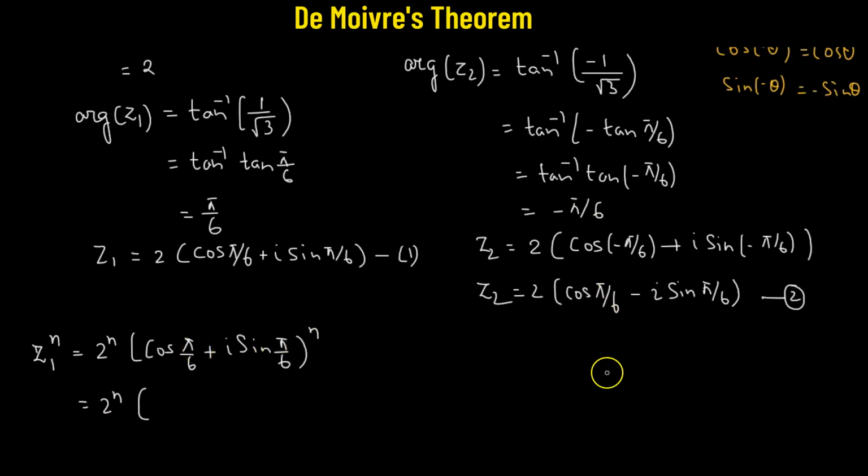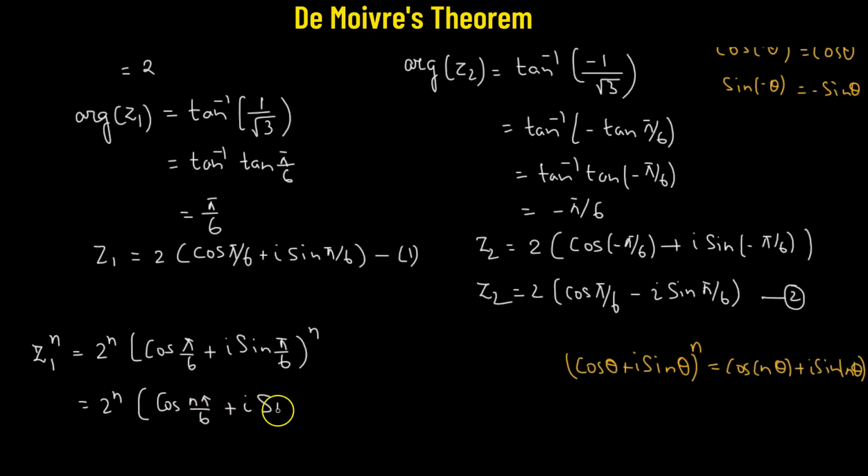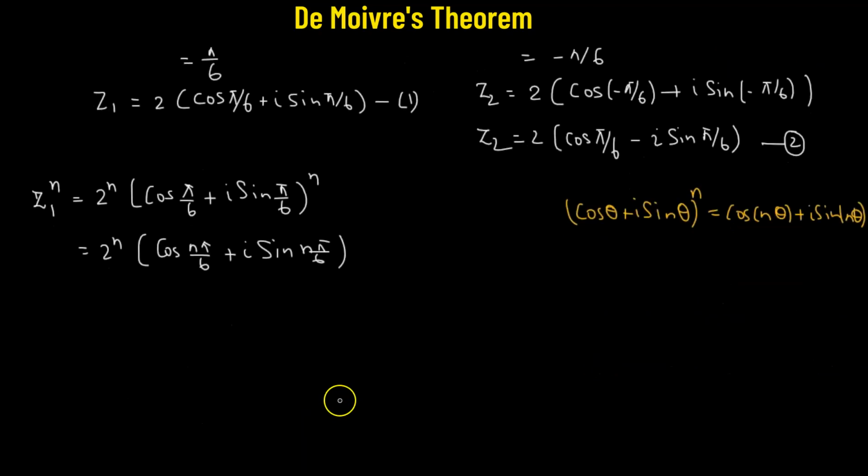De Moivre's theorem states that whenever we have cosine of theta plus iota times sine theta whole raised to the power of n, this will be equal to cosine of n theta plus iota times sine of n theta. So we will now have cosine of n pi over 6 added to iota times sine of n pi over 6. We'll label this as number 3.